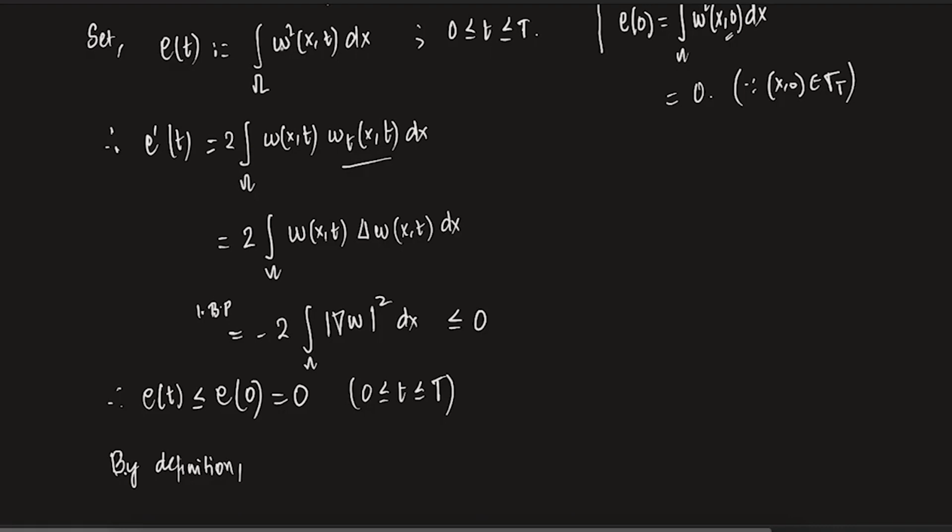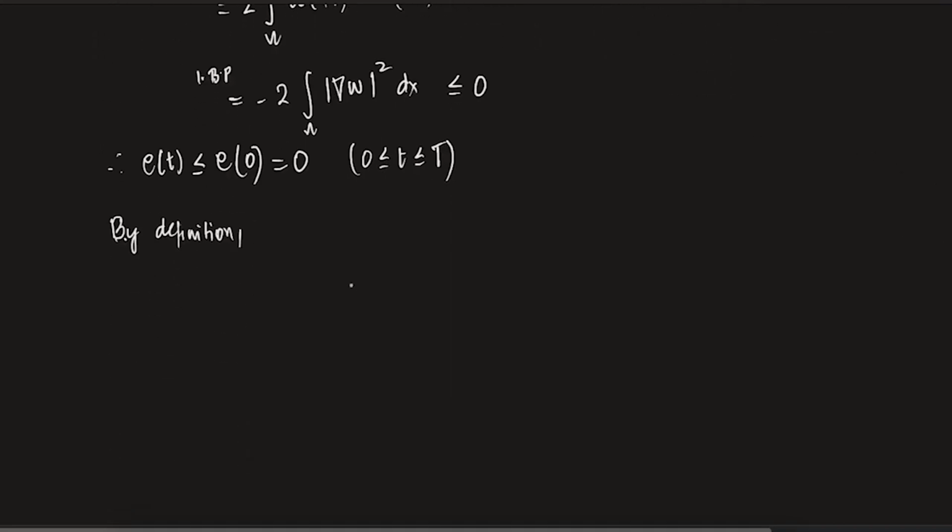So w square, whatever it is, is always greater than or equal to 0, right? It's a positive function. I am taking the integral of a positive function. So this E of t is always non-negative. So 0 is less than or equal to E of t, which is less than or equal to 0, for all t in this range. That will give you E of t identically equal to 0.